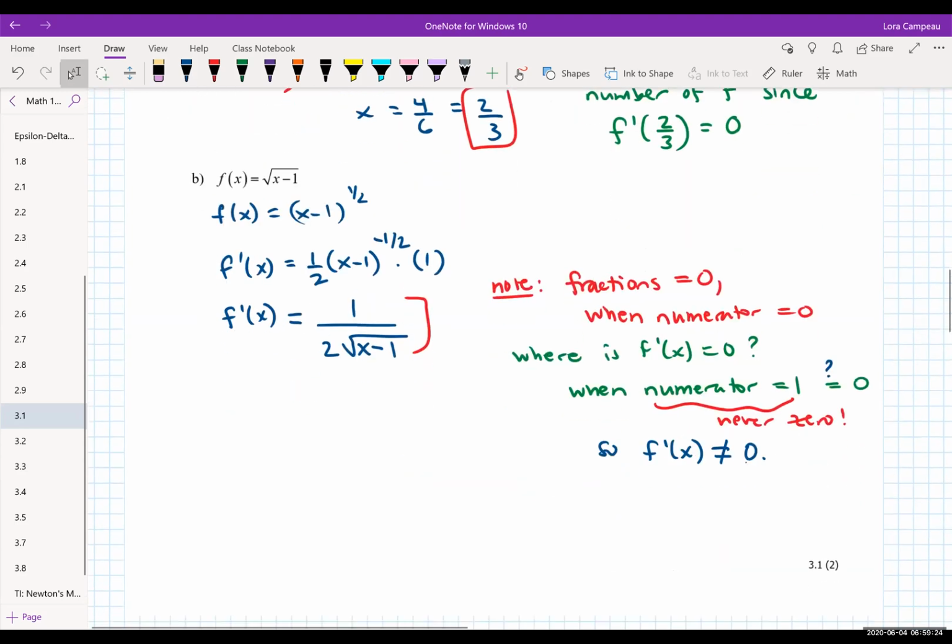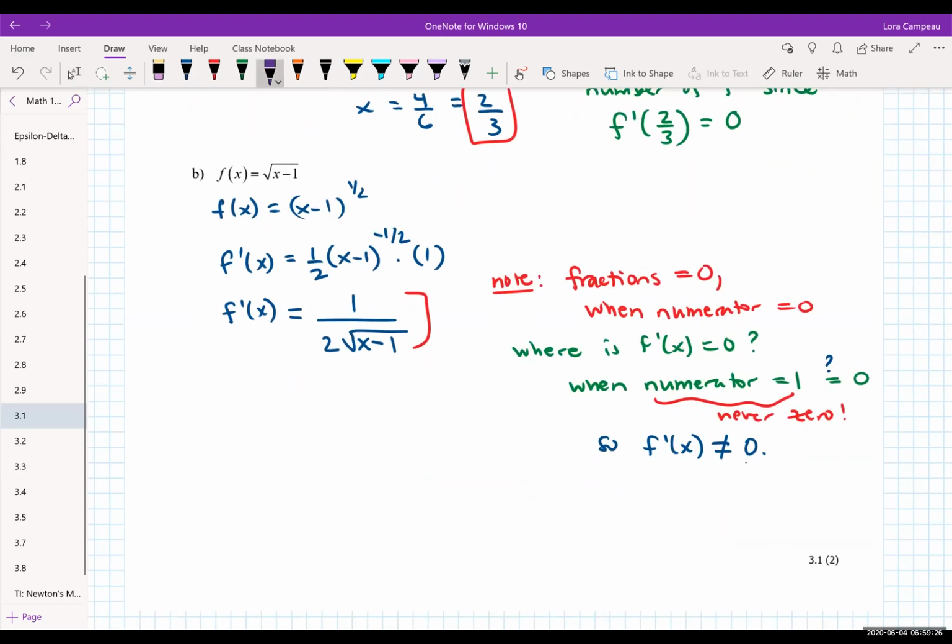But we can't forget the second thing we need to find. We need to ask ourselves, where is the derivative undefined? And so one last thing, well, fractions are equal to 0 when the numerator is 0. Well, fractions are undefined.